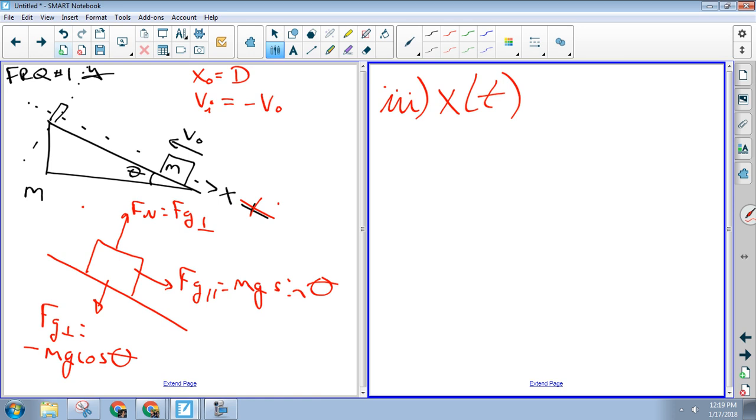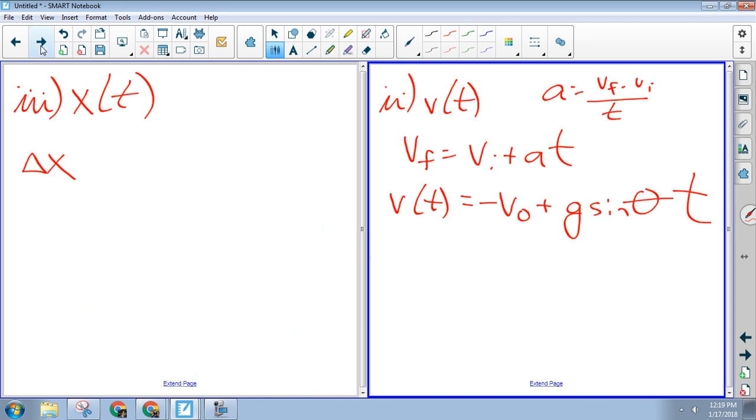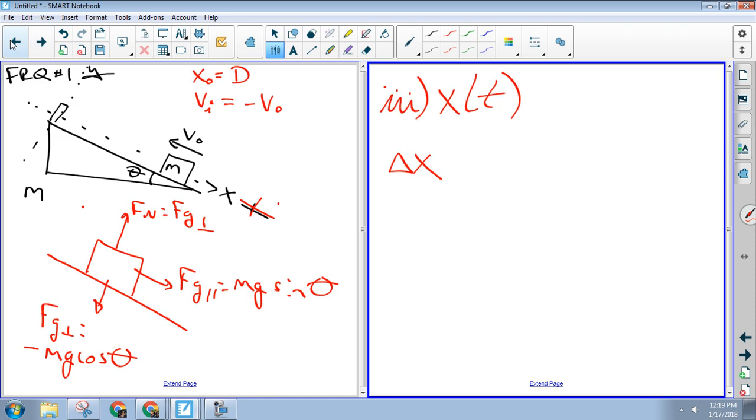So we want an expression for displacement as a function of time, but we can only use our given information. I guess you could use Vf, but then you'd have to substitute in this Vf equation. So the one that jumps out to me is, I wonder if we can use this equation. Do you guys see why I zeroed in on that equation?